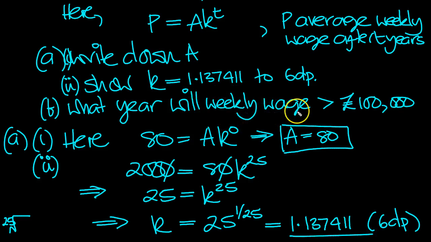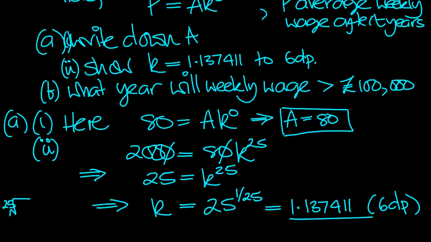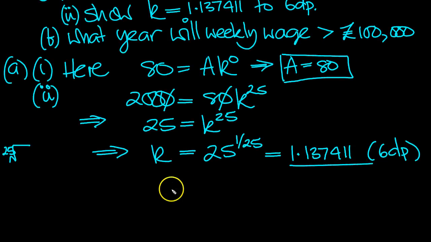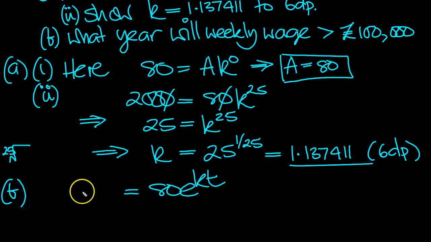What year will the weekly wage be greater than £100,000? So now we know K, we've got P is equal to A, 80, times K to the power T. Now let's put in P as £100,000 then here. This is part B. So 100,000 is equal to 80 times K to the power T. So let's divide by 10 both sides.